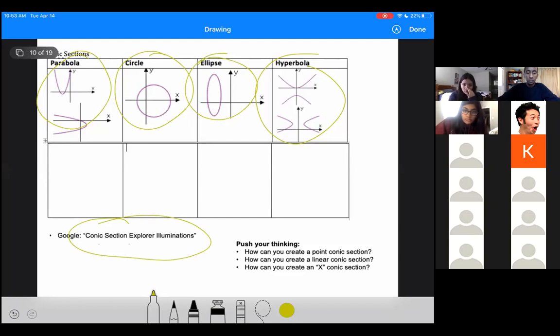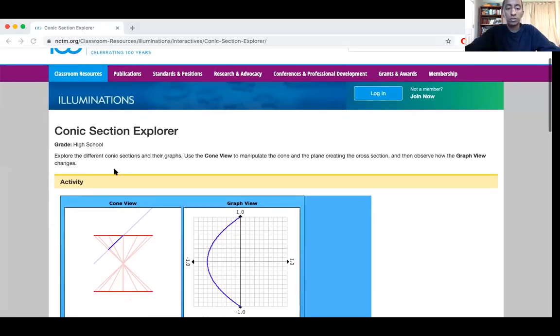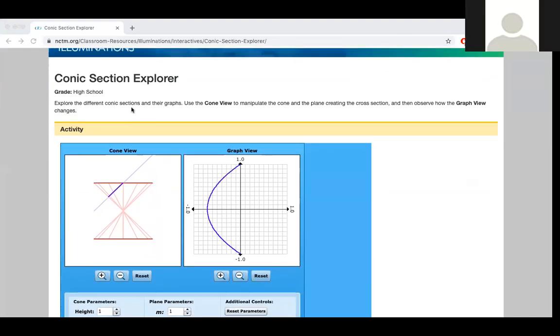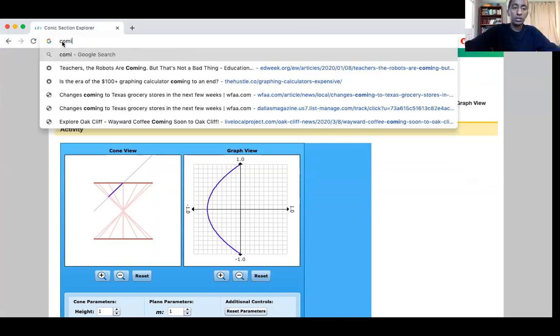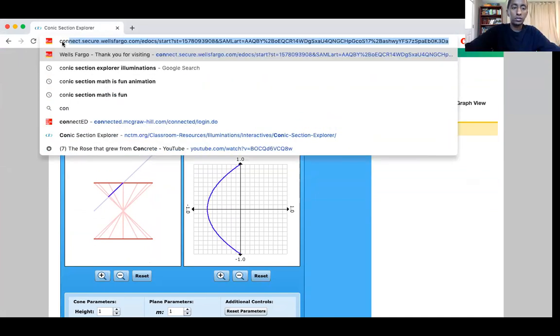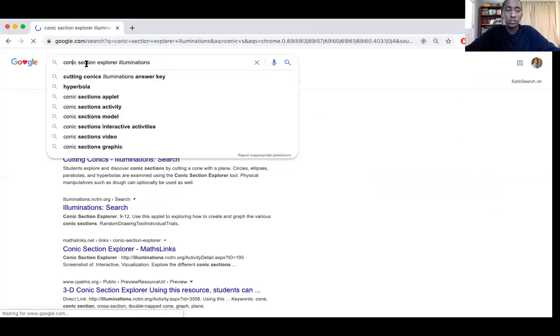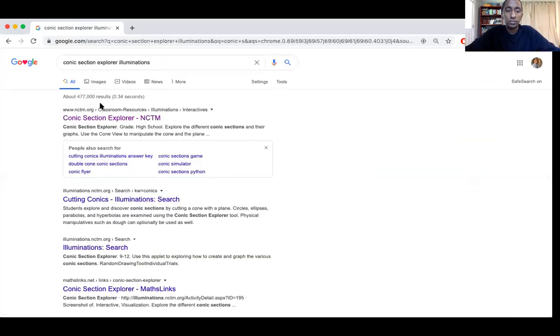Gotcha. Okay, you can see it now. So conic sections Explore illuminations. That's what you're searching on Google. And it's the first link.